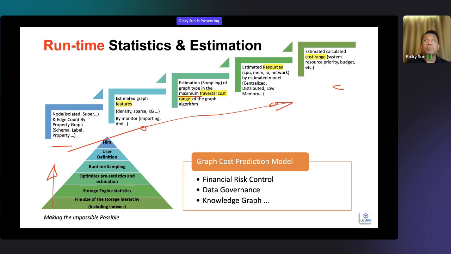So the graph cost prediction model can be applied into many real world scenarios like financial risk management, risk control, data governance, and of course knowledge graph. There are just many areas that can potentially use the graph cost prediction model.